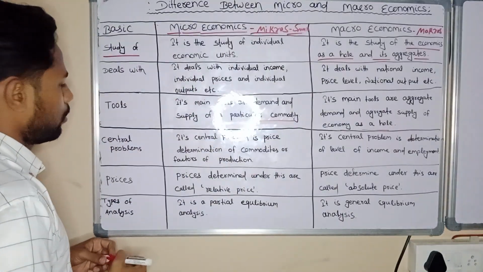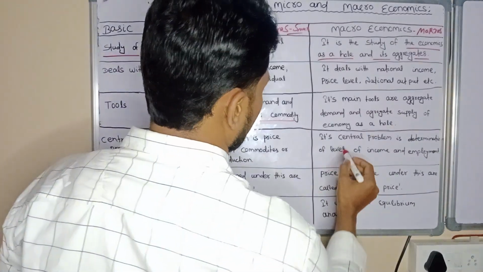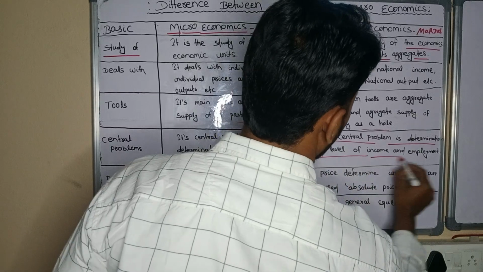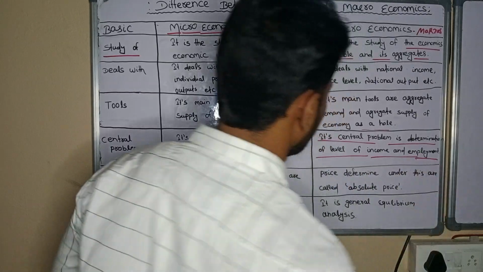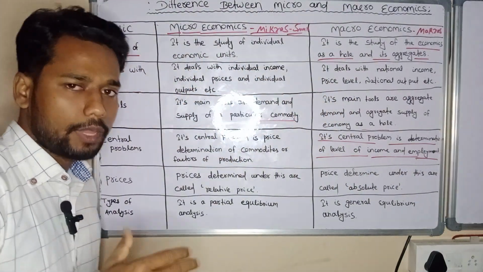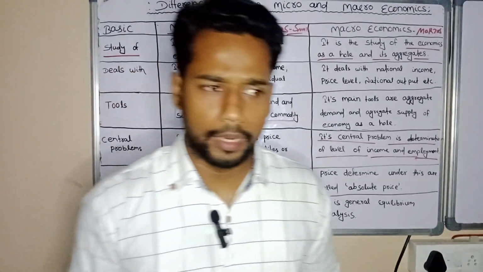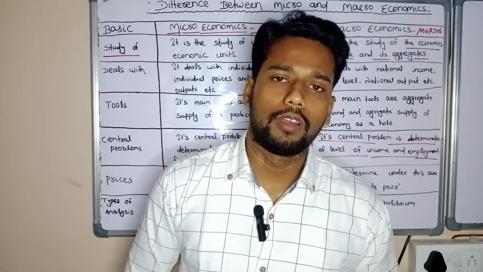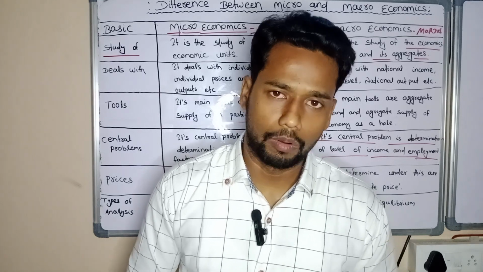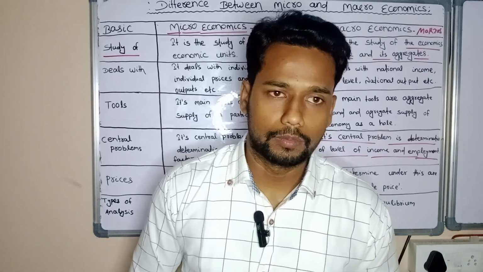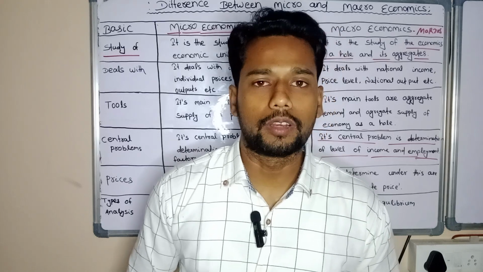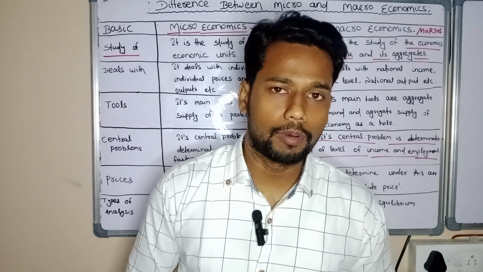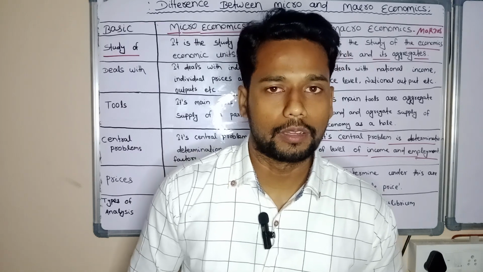Then coming to the macroeconomic problem. Its central problem is the determination of the level of income and employment. These things are very important for a country or a system as a whole. Income: what is the national income of a country? That will decide whether you are a developed, underdeveloped or developing country.